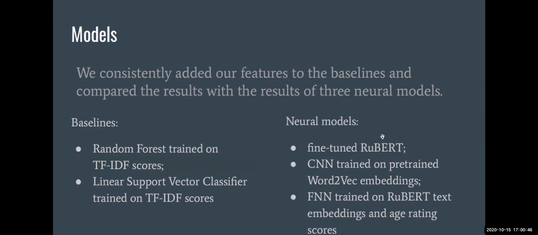The first is a fine-tuned RoBERTa. The second is a convolutional network trained on pre-trained word2vec embeddings. And the last is a feed-forward network trained on RoBERTa text embeddings and age rating values. The details of the implementation you can see in our paper.